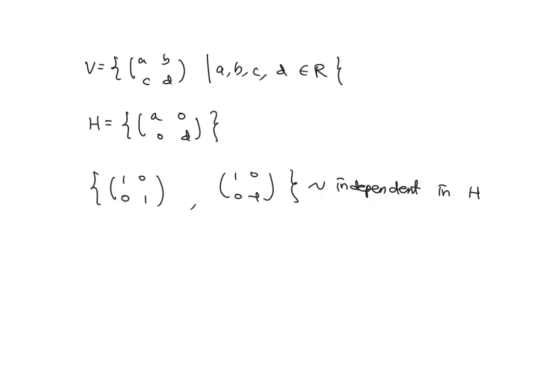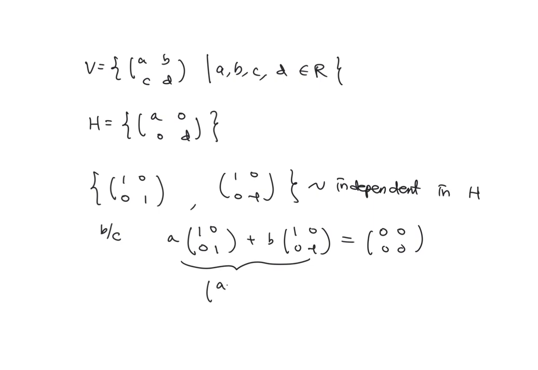Because if you consider any linear combination of those two vectors, say A times 1, 0, 0, 1, plus B times 1, 0, 0, negative 1, and then if you set this to be the 0 matrix, then the left-hand side implies the matrix A plus B, 0, 0, A minus B, and then the equality between these two matrices implies that the corresponding entries are the same.